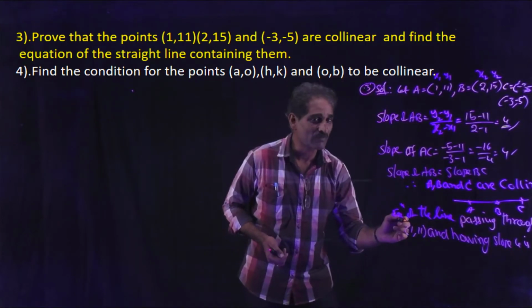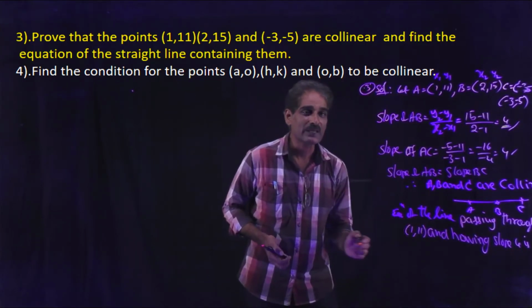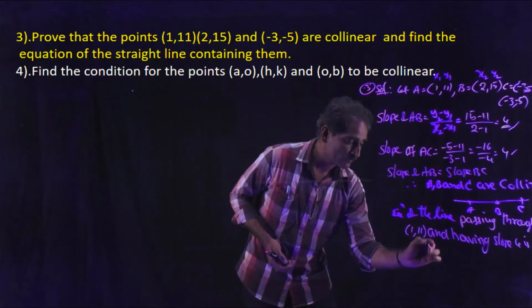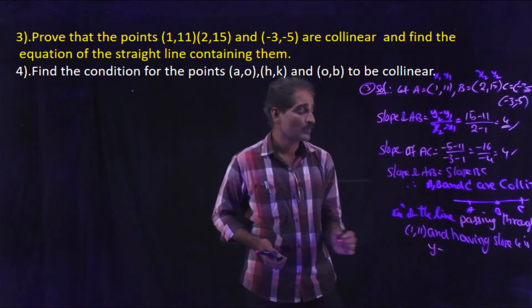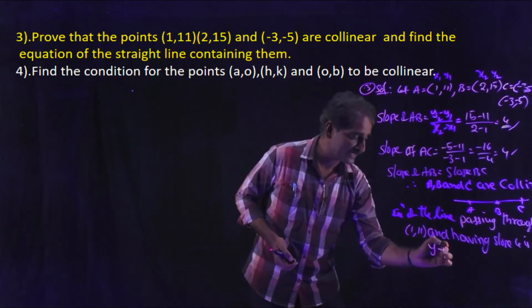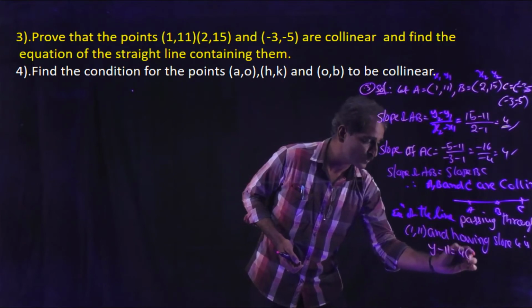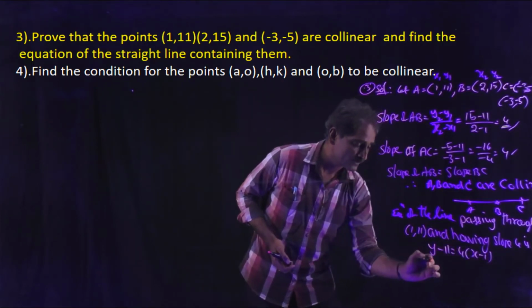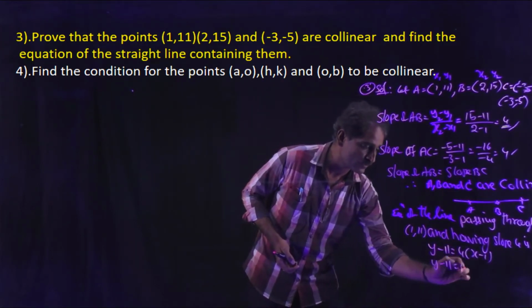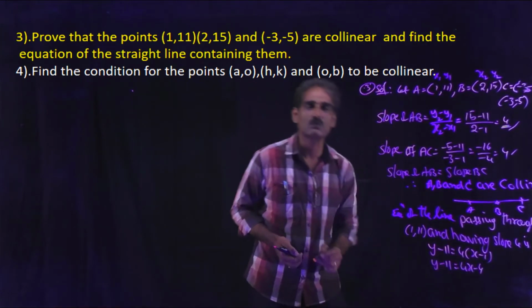Let us take m equal to 4 and x1 y1 be 1 comma 11. By using the slope point form, y minus y1 equal to m into x minus x1. y minus 11 is equal to m into x minus 1. y minus 11 is equal to 4x minus 4.